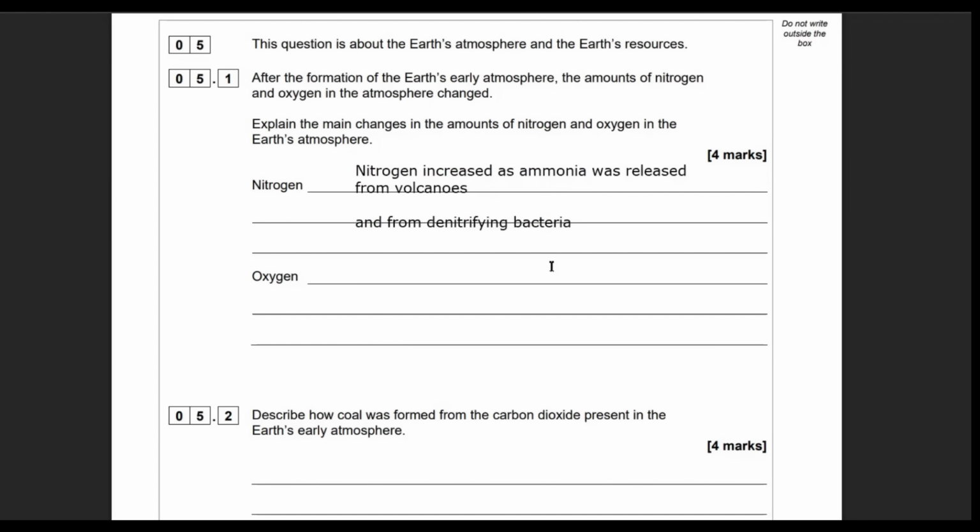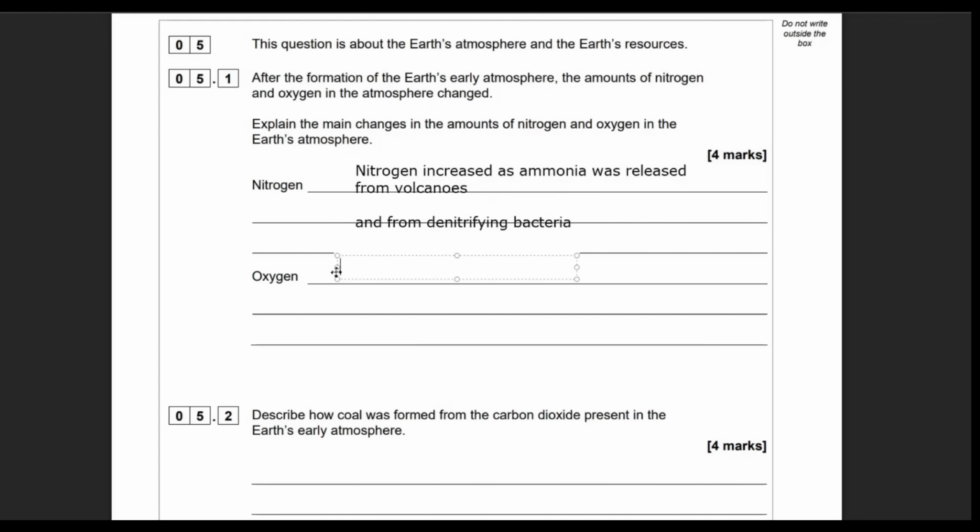Now, what happened to oxygen? You get a mark for decrease, and this is why I don't like this question. There wasn't really any oxygen in the Earth's early atmosphere. Volcanoes didn't release it, and the oxygen came a lot longer after the nitrogen. The oxygen came due to photosynthesis from green plants, algae, that type of stuff.